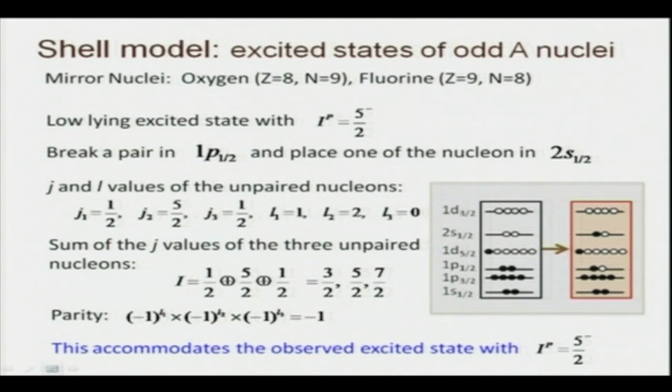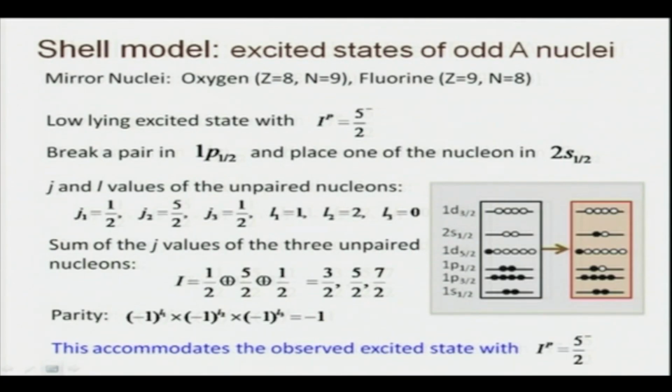So, according to the quantum mechanical angular momentum addition rules, the total angular momentum possible are 3/2, 5/2 and 7/2. And the parity possible is (-1)^L1 times (-1)^L2 times (-1)^L3. L2 and L3 are even, L2 equal to 2 and L3 equal to 0.